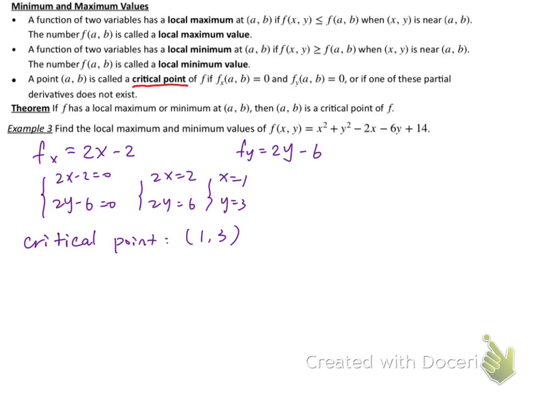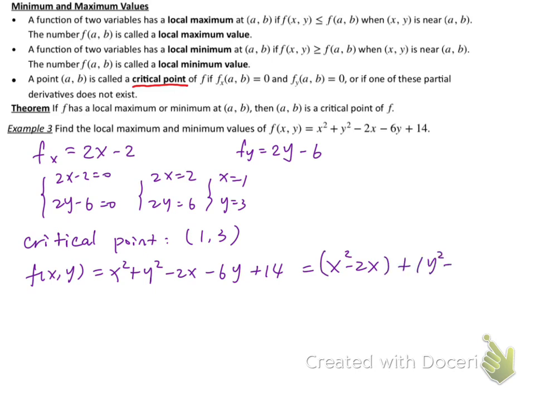Now let's look at our function one more time: x squared plus y squared minus 2x minus 6y plus 14. This is a circle-like function. It's not really a circle, but if you complete the perfect squares, I need plus 1 minus 1 here, and negative 6 divided by 2 squared, plus 9 minus 9 here.